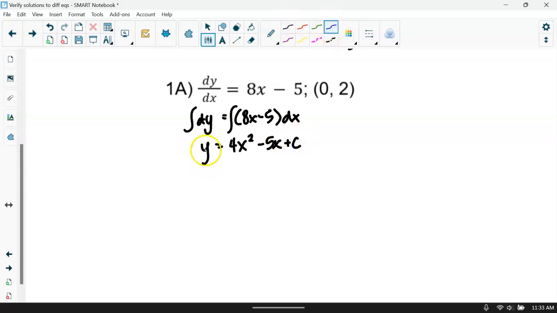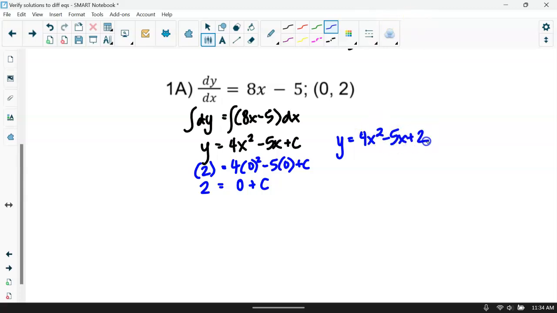Here you had to substitute y with 2 and x with 0. Then 2 is equal to 0 plus c, so c must be 2. So the particular solution is 4x squared minus 5x plus 2.